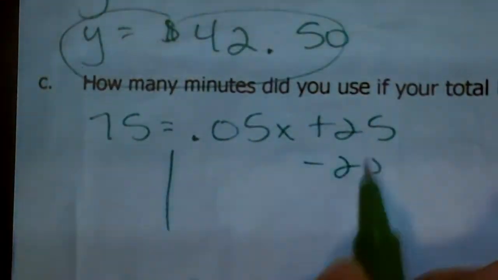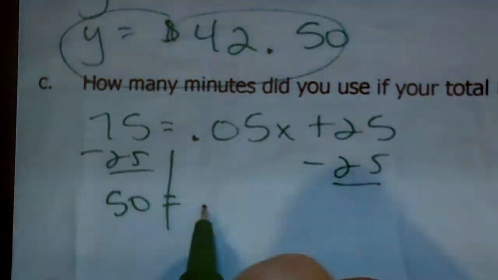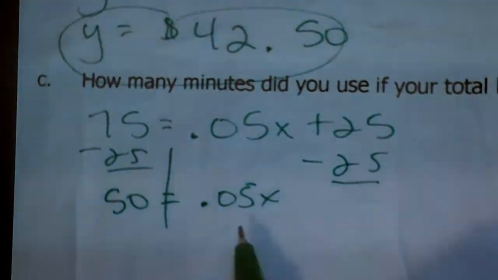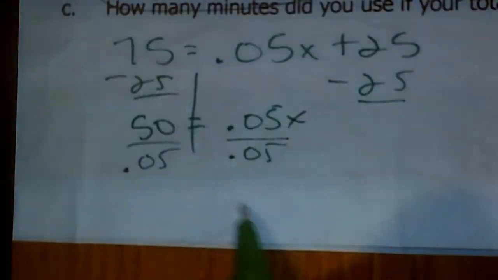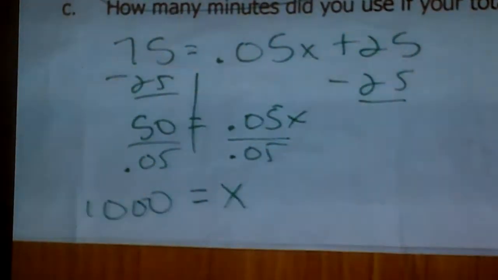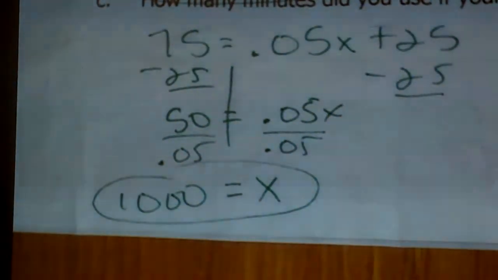To start off, you should subtract 25 from each side. So 50 would equal 5/100 x. Then we're going to go ahead and divide by the coefficient of x. And that means that x is equal to 1,000. So if your bill was $75, it means you used 1,000 minutes.